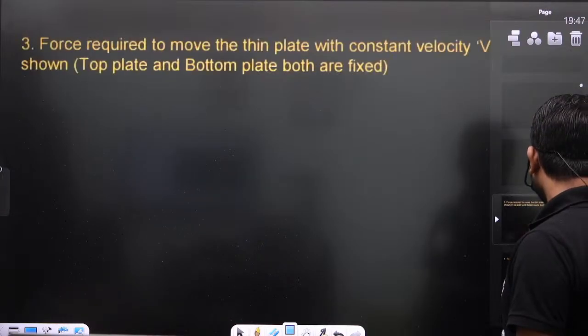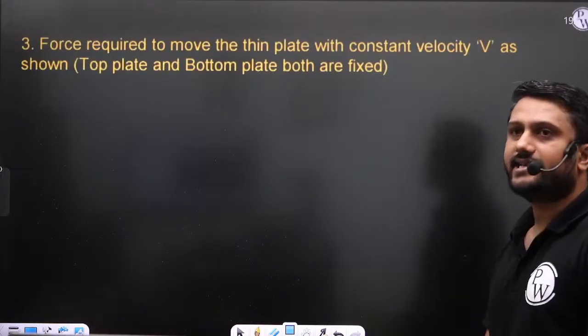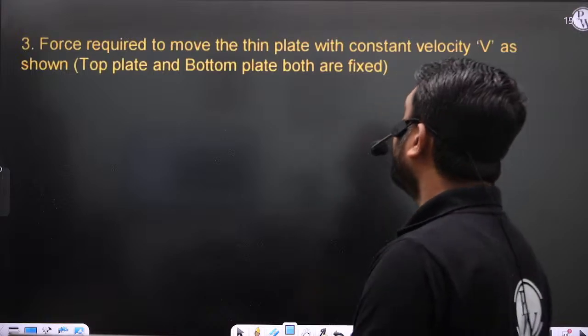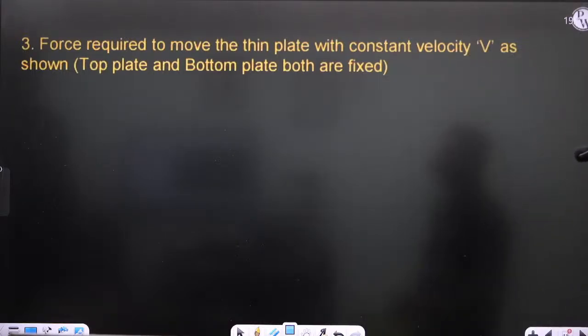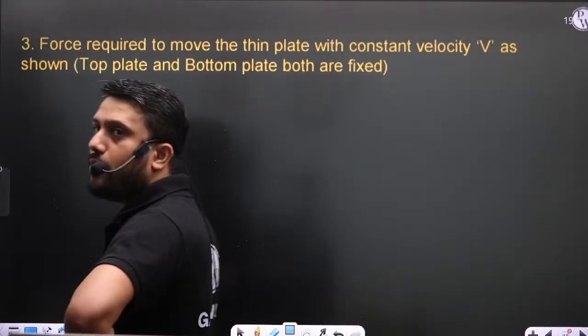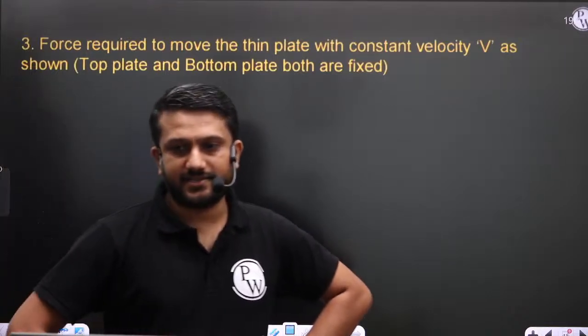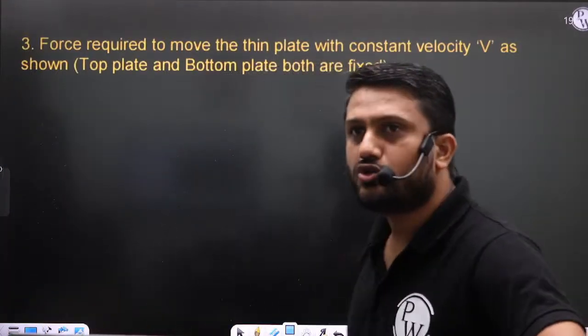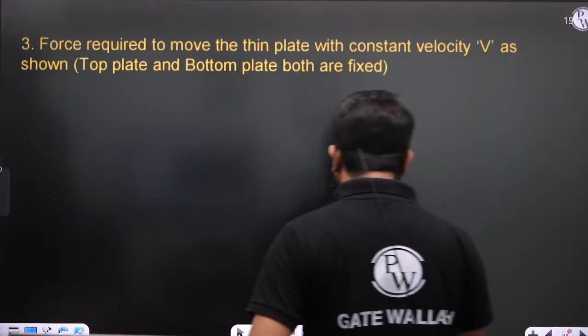Now come to case number 3. Force required to move the thin plate with constant velocity v as shown, and in this case top plate and bottom plate both are fixed.